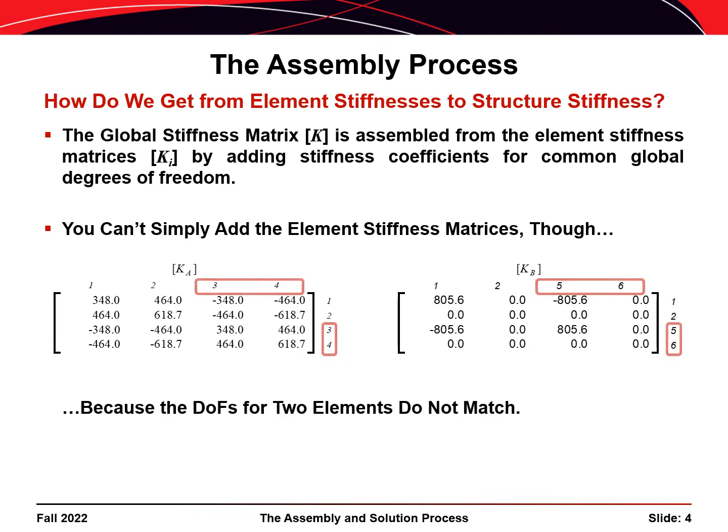Consider the two element matrices that are shown here for members A and B. The indices above and to the right of the matrices indicate which global degrees of freedom the stiffness coefficients correspond to. If we were to add these two stiffness matrices together directly, we would be adding stiffness coefficients that correspond to degrees of freedom 3 and 4 in matrix A to stiffness coefficients that correspond to global degrees of freedom 5 and 6 in matrix B.